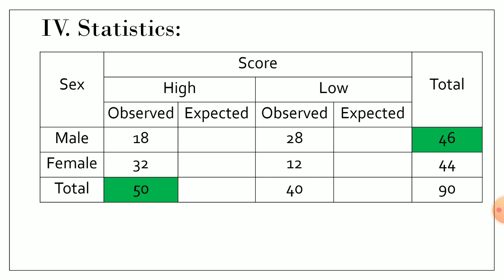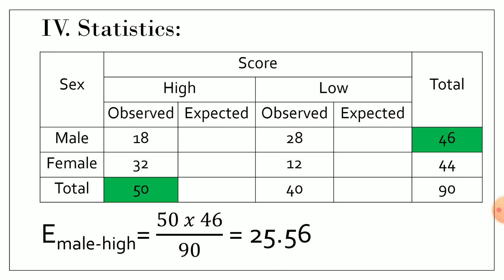First, we have the expected for male and high score. So we have the column total of 50 and the row total of 56. Then divide it by the grand total, which is 90.